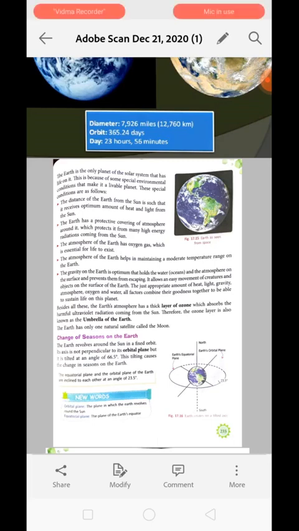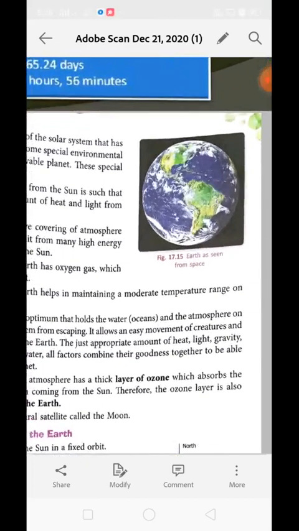The first one is that the distance of the Earth from the sun is appropriate, so that it receives an optimum amount of heat and light from the sun, which does not cause us any kind of damage, and it makes our life very smooth and comfortable.